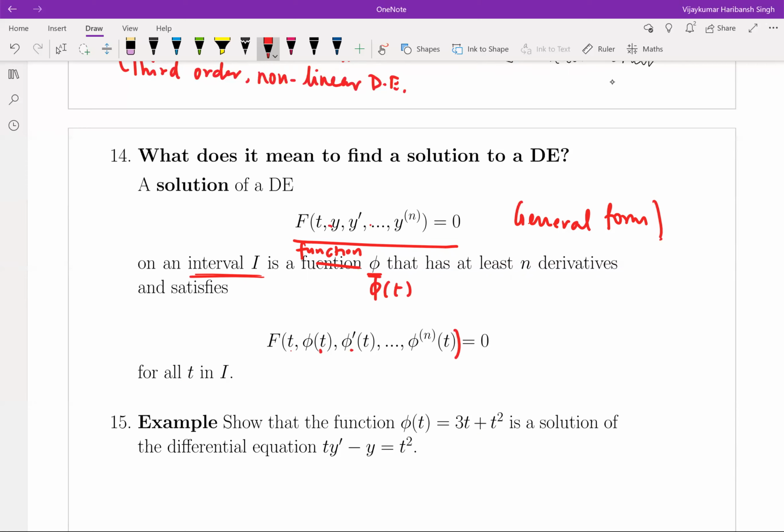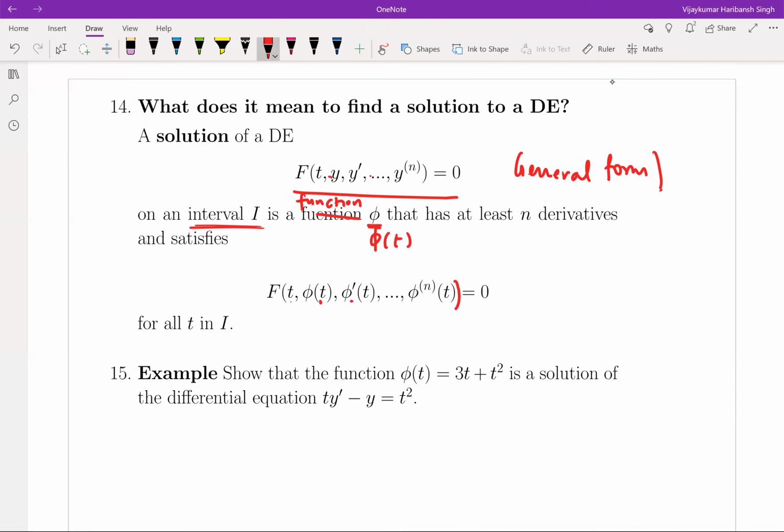Okay. So now consider the following differential equation. Show that this is a solution. The equation is t y prime minus y minus t squared equals 0.